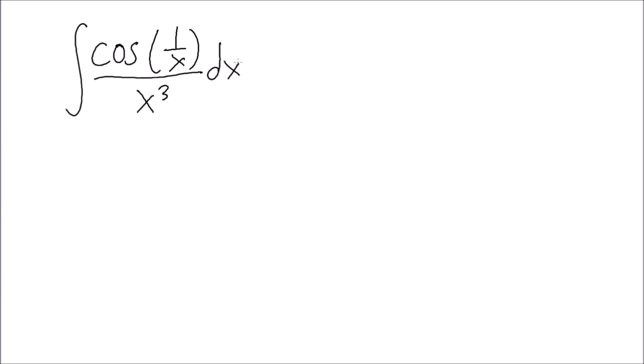This looks weird, right? But again, like I said, you have to sort of remember your derivatives, those 10 derivatives that I showed you. Here, this is an x cubed, right? We know that u is equal to 1 over x, and that du is equal to negative 1 over x squared. But here we have x cubed, so what we can do with this is split it into x and x squared, right?